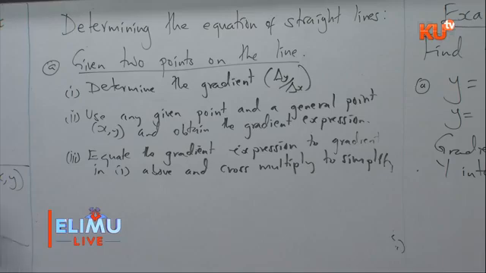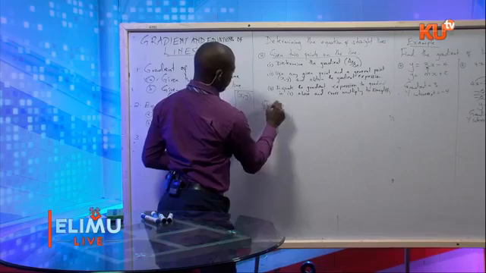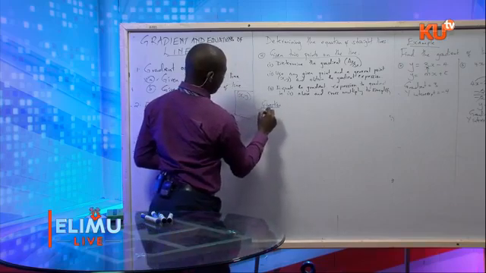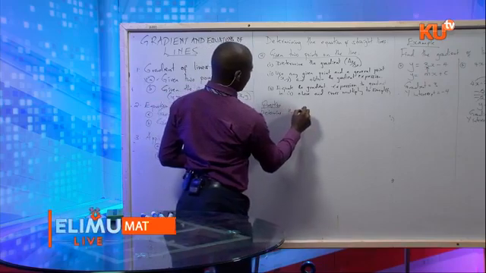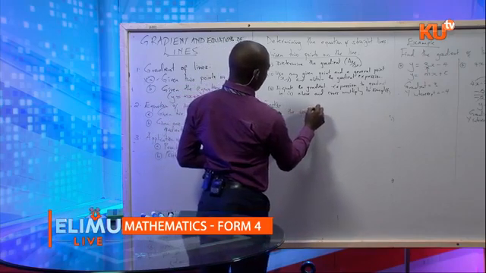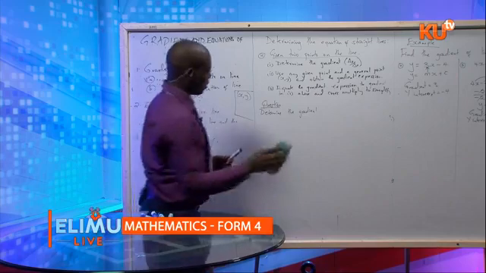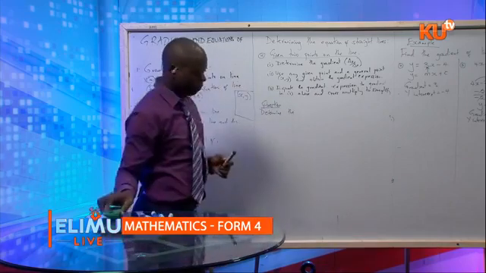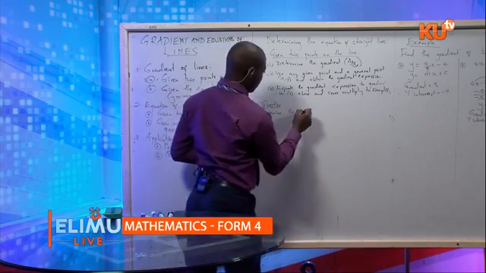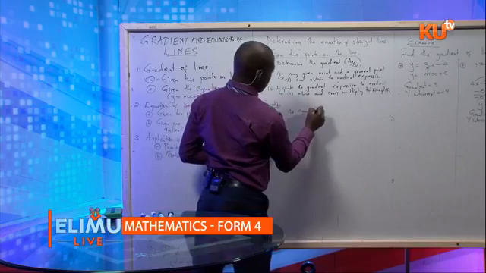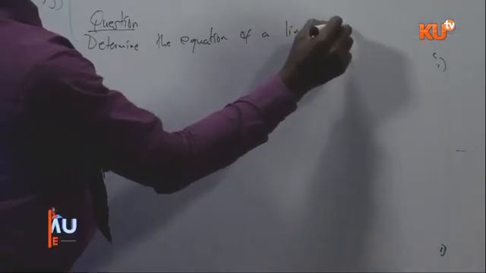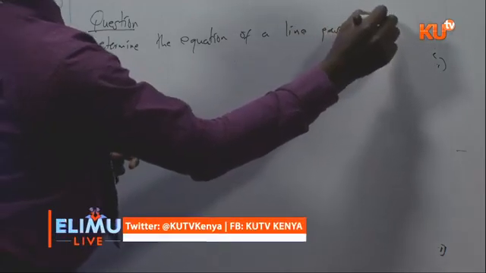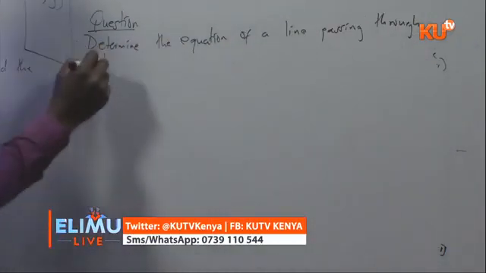So let's do it practically with a question. Let's determine the equation of a line passing through the following points.